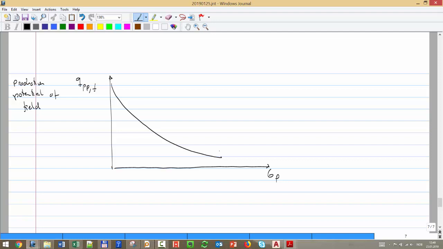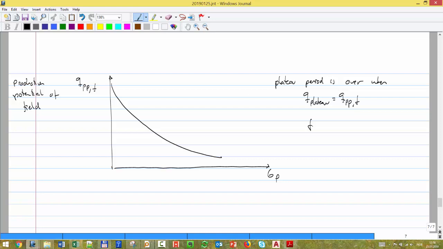We said the plateau period is over when Q of the plateau is simply equal to the production potential of the field, because at that point, if I continue producing more, I just have to reduce the rate. I cannot produce more than the plateau.